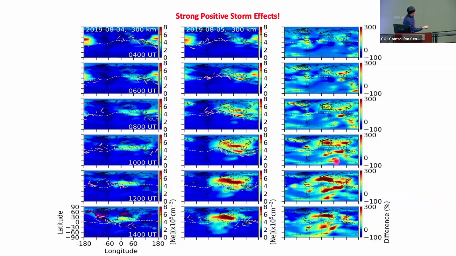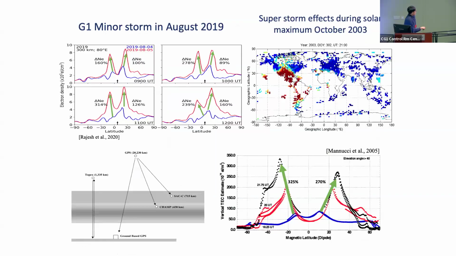And if we take the difference of the two columns on the left-hand side, then we can find that the EIA crest, the EIA northern lobe, goes to a higher altitude, with a polar distribution. So this is very similar to the Halloween storm in the solar maximum. But this was during the solar minimum in the year 2019.